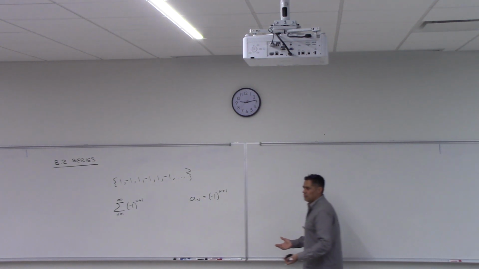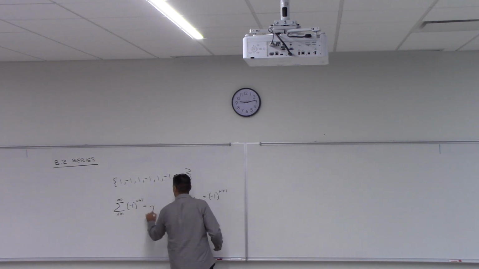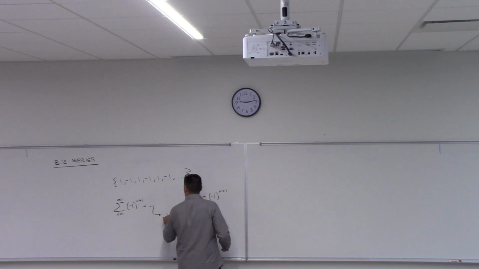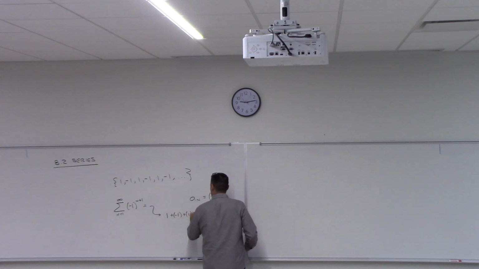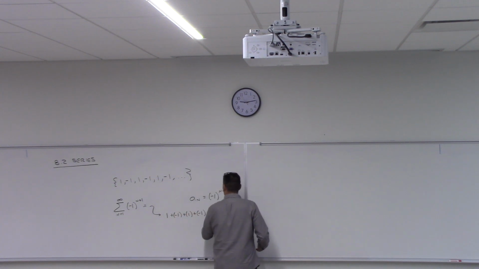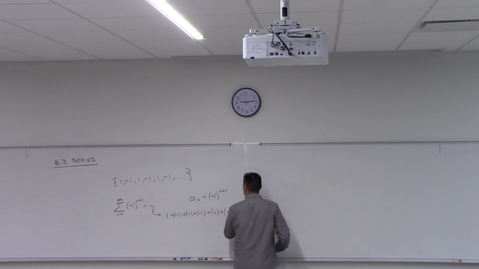No. Because what's happening? If I take this series right here, let me write it out. What I'm doing is 1 plus negative 1, plus 1 plus negative 1, plus 1, plus negative 1. And I'm doing that forever.